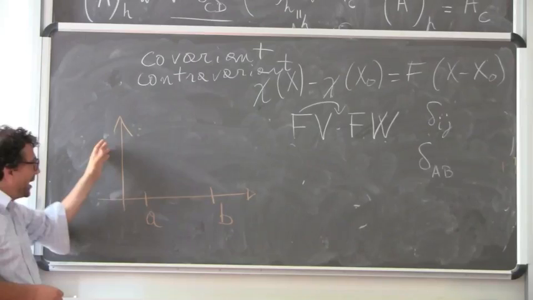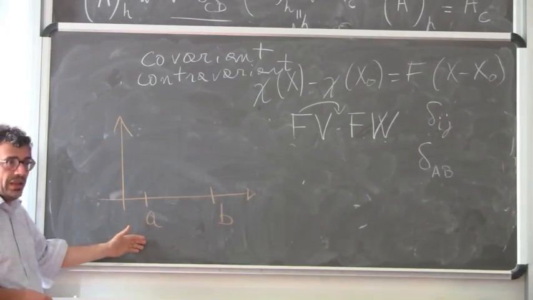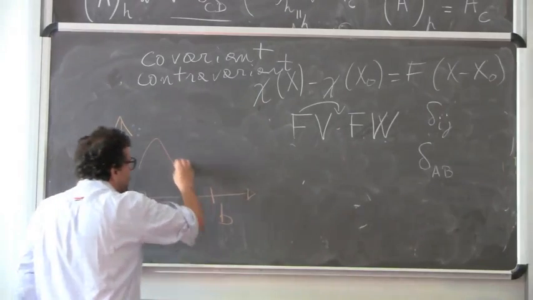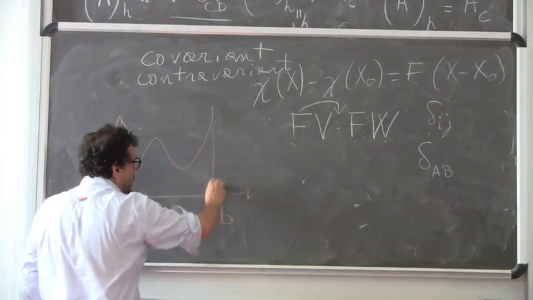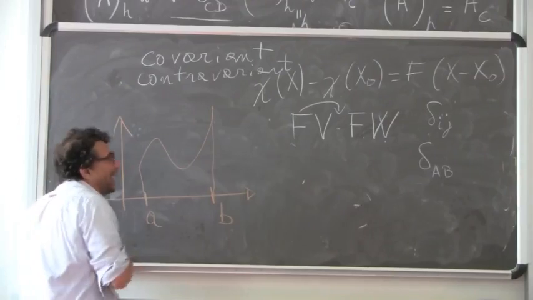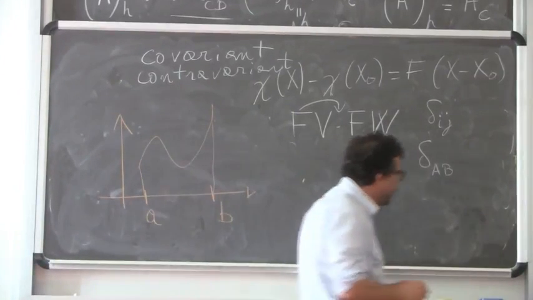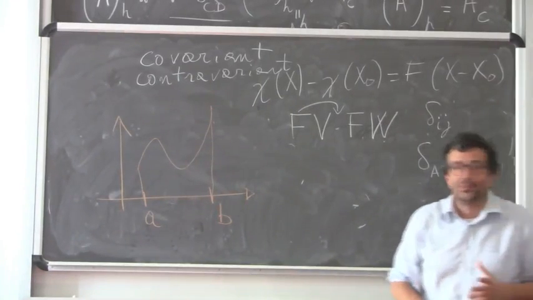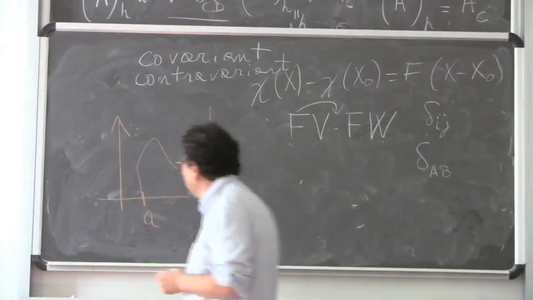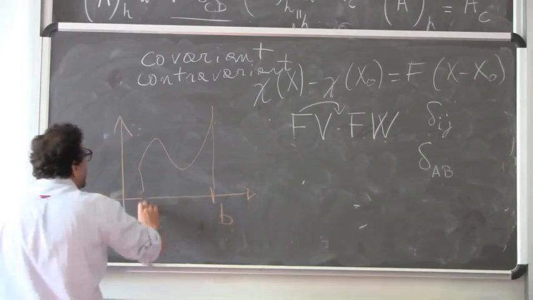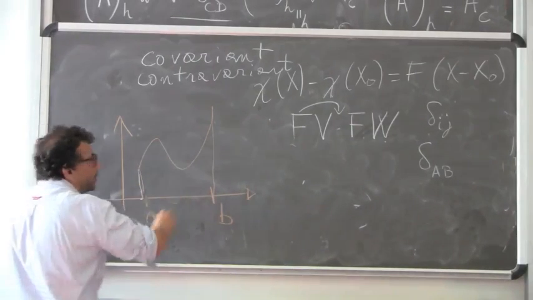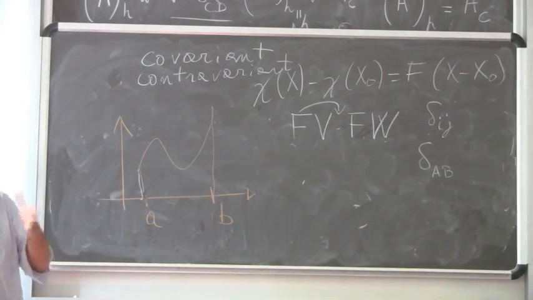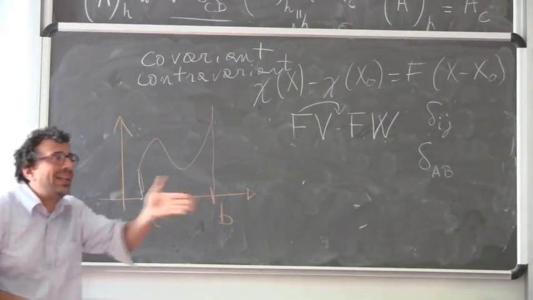Consider a real valued function defined in this interval. And decide that you want to look for maxima and minima of this function. So what are they teaching you? They are teaching you that you must calculate a derivative.